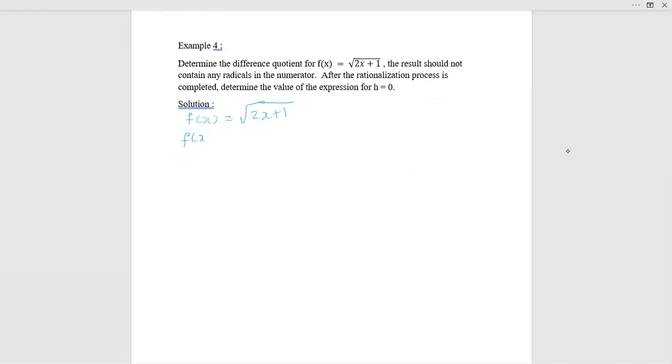So f(x plus h) is the square root of 2 times (x plus h) plus 1. We substitute x plus h for x.